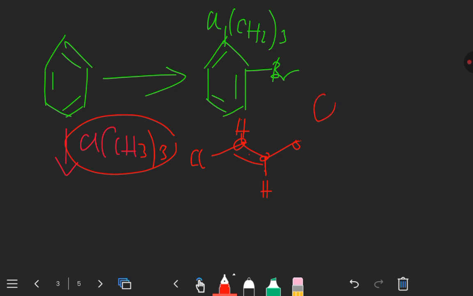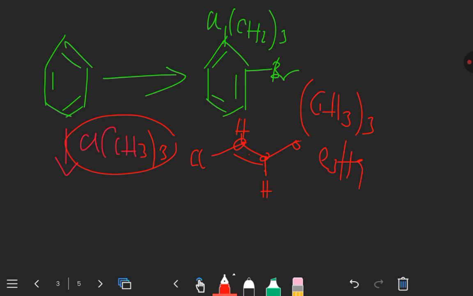Okay, so we have CH3 with a 3 outside there. So we have 3 carbons, then 9 hydrogens. So we must make something which has 9 hydrogens.